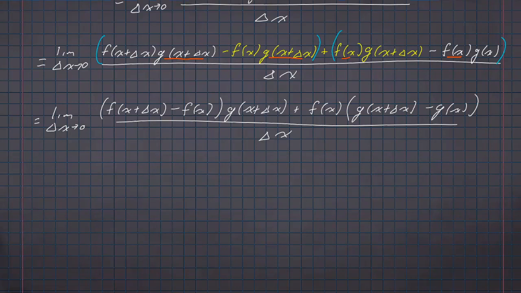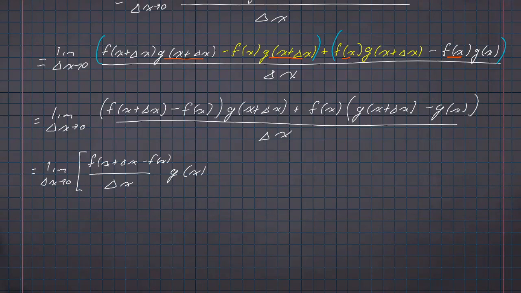Right. Now let's split things up further. We have a fraction, we have addition going on in the numerator of the fraction. We can split this fraction apart and write this as the limit as delta x goes to 0 of f of x plus delta x minus f of x all over delta x, all times g of x plus delta x, plus f of x times g of x plus delta x minus g of x all over delta x.